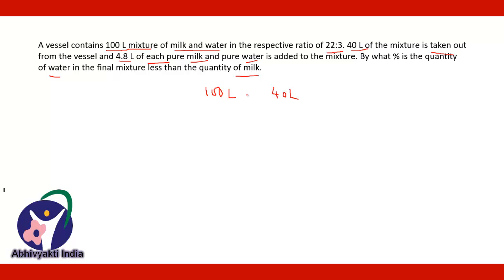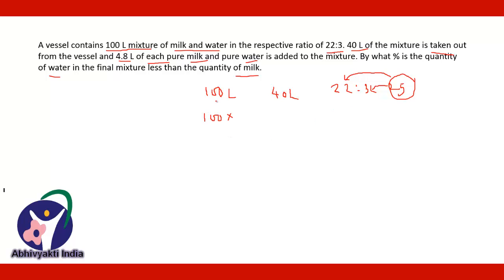So 100 liters of mixture is there, and the ratio of milk to water is 22:3. It means in all there are 25 parts. In these 25 parts, 22 parts are milk and 3 parts are water.